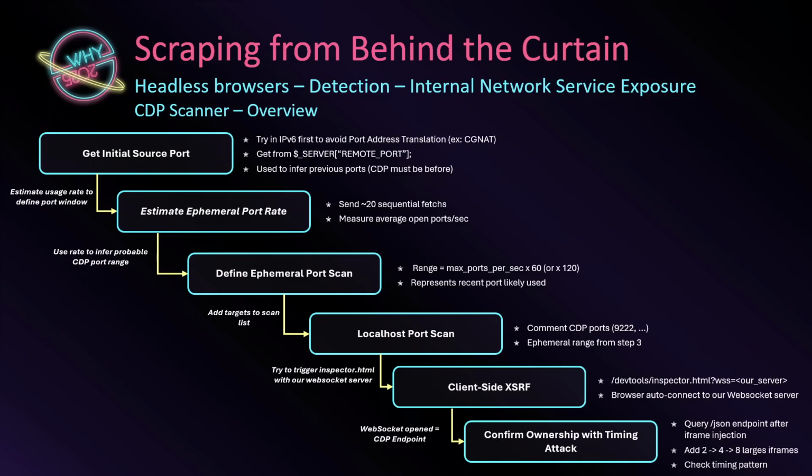First, we get the initial source port, using IPv6. I made some tests, and when you use a network with an IPv4 address that is shared across a lot of clients, the internet service provider performs port address translation, so we lose the real source port opened on the client's machine.